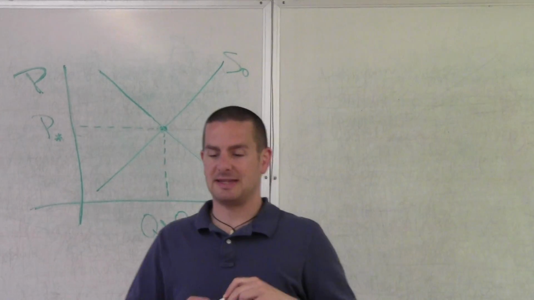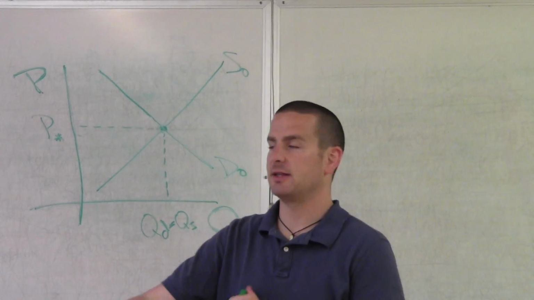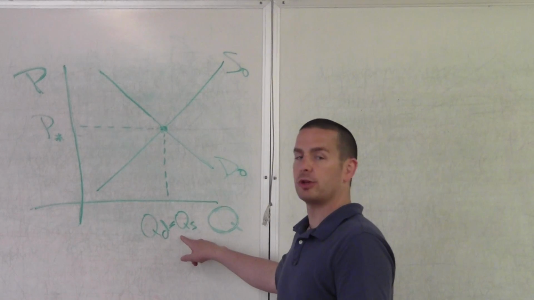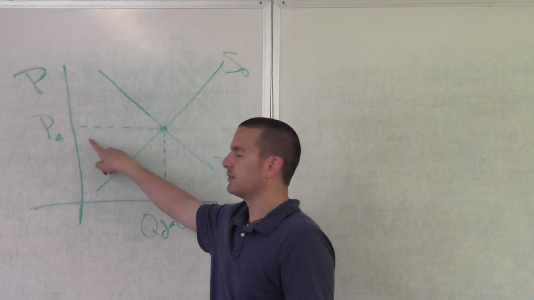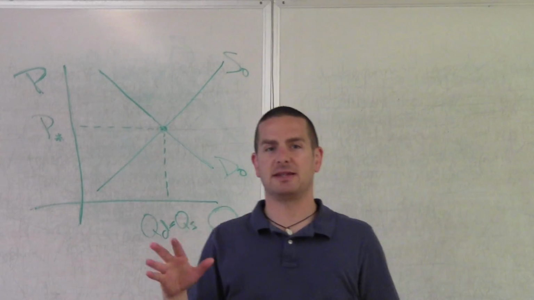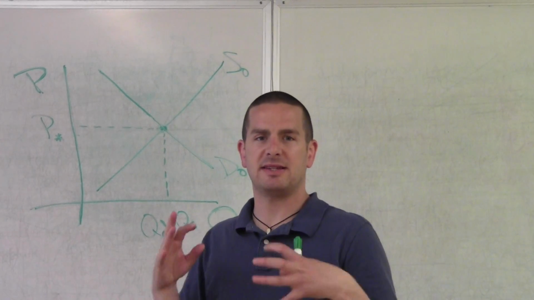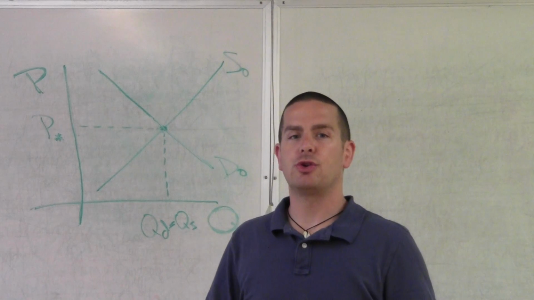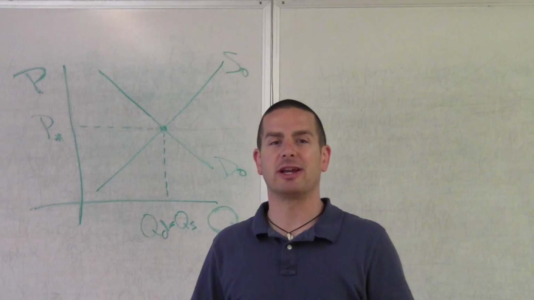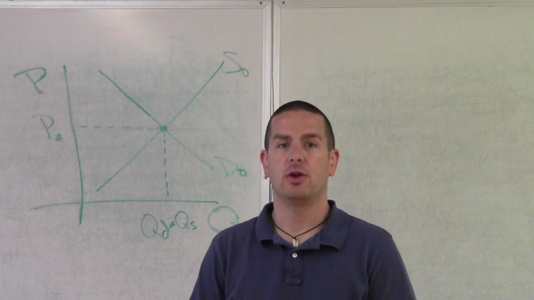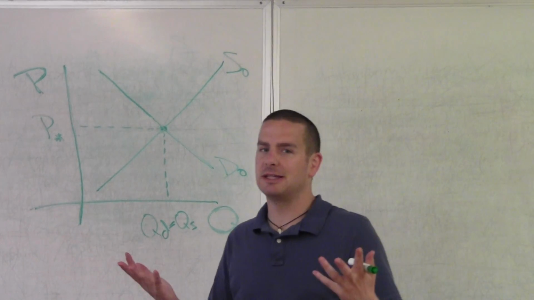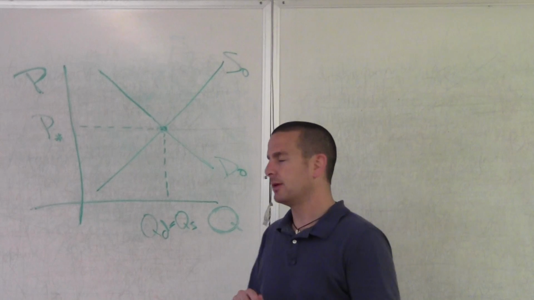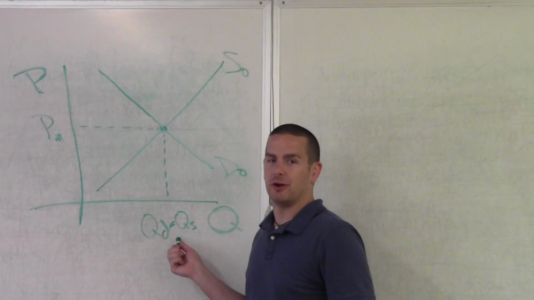When a market is in equilibrium, that is, when quantity demanded is equal to quantity supplied, and you have this price, whatever the price is, where quantity demanded is equal to quantity supplied, you call that the market clearing price. Okay? Why do you call that the market clearing price? Because the market is said to have cleared. What does that mean? There's nothing left over.